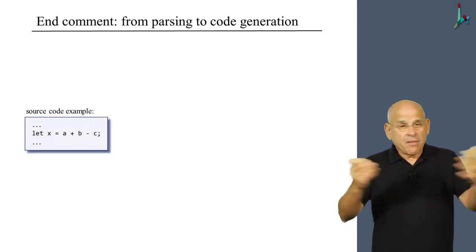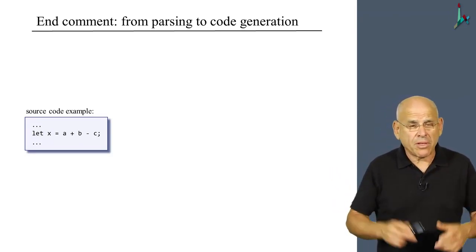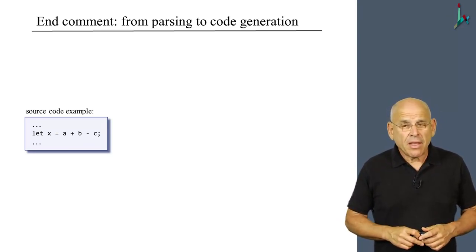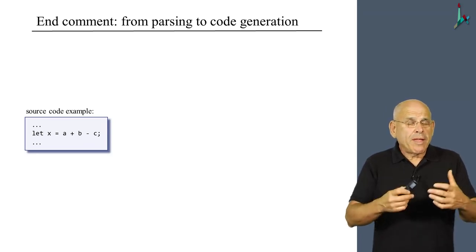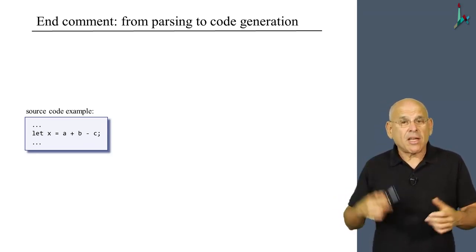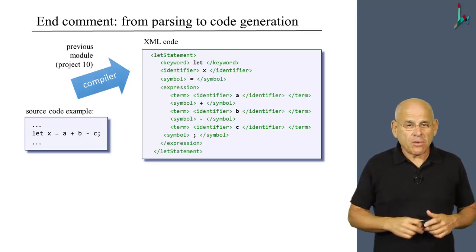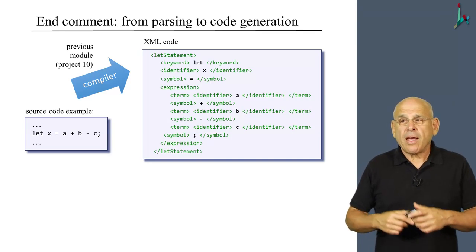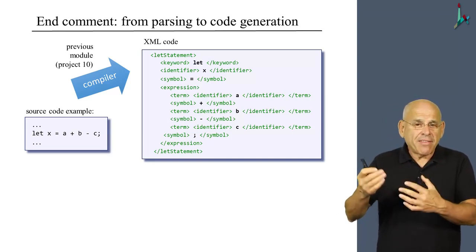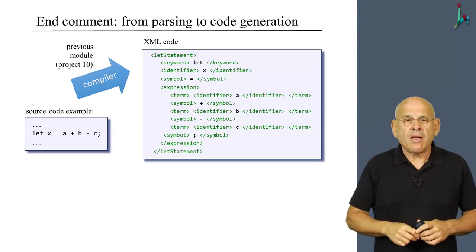So here's another example of some input source code or some input expression in the context of a let statement. And if we would apply the compiler that we wrote in the previous project to this expression, then we will get the XML code that we see here. And what we see here is a rather flat expression of the input.